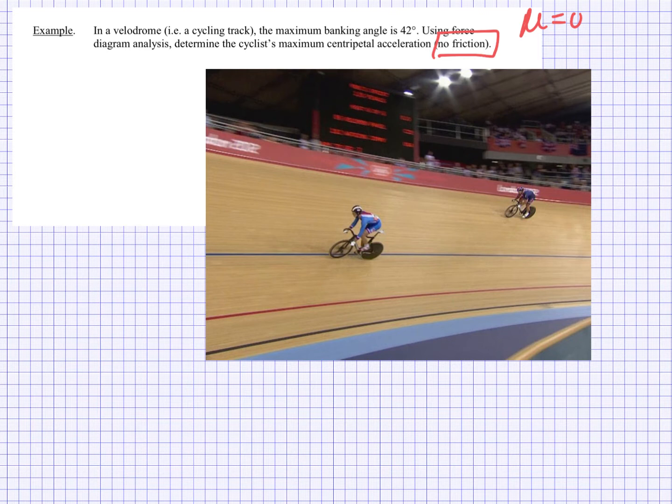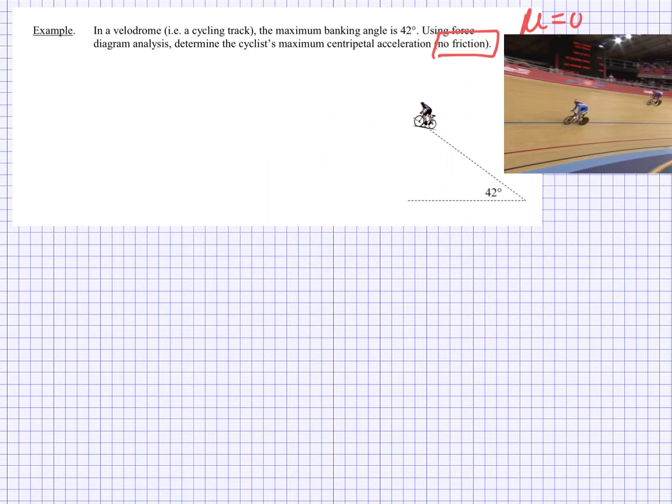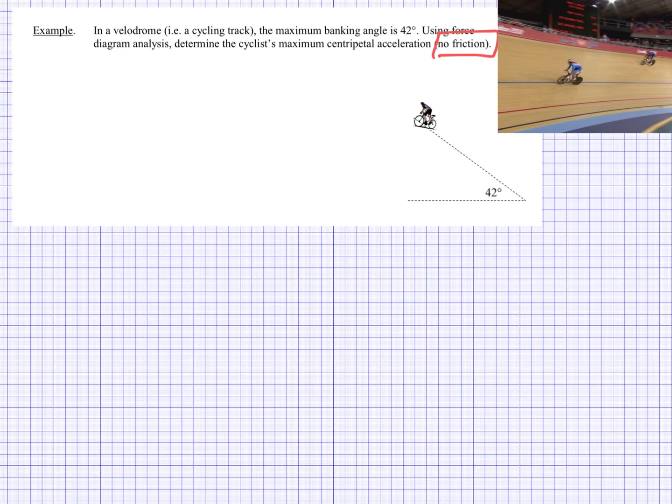Velodrome tracks, much like any other banked corner, look kind of like this, and we would have a little diagram just to represent that over here. Normally I would expect you to go through and do all the analysis, so you'd be putting on all your forces as we did before, so don't miss that step.